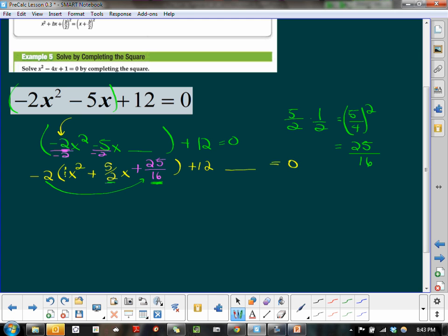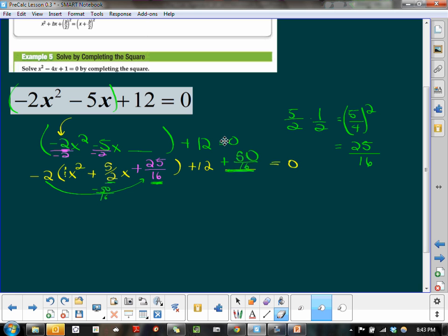So in order to keep it balanced, we have to put in negative 2 times 25/16, which is going to be a negative 50/16. But I want to offset it, so I want to add 50/16. This one here gives us a negative 50/16, so I offset it by adding 50/16. And we've got to add that to 12.